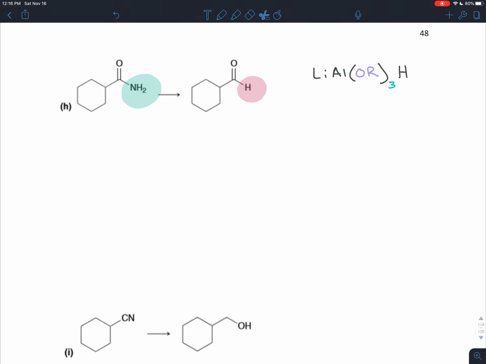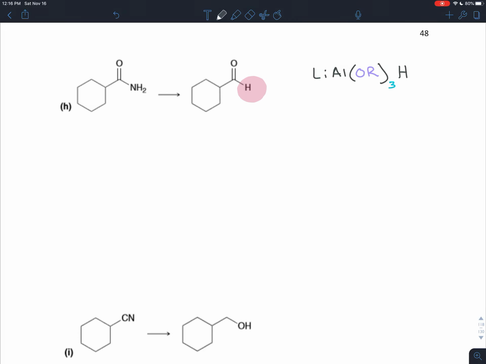But it wouldn't be the most efficient thing to use that on the amide, because this is not very reactive. And also, the hydrogen could react with, for example, the nitrogen instead, or it could react somewhere else in the molecule.